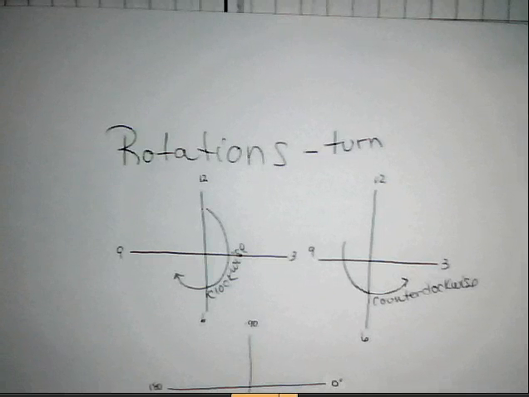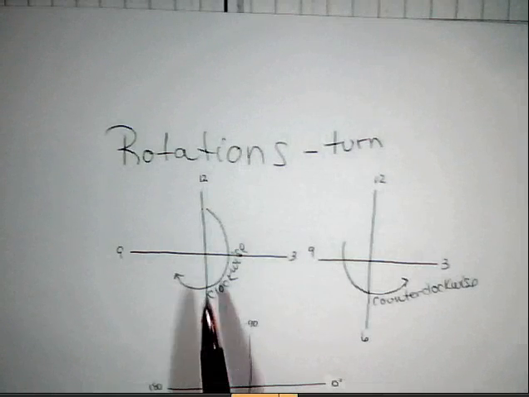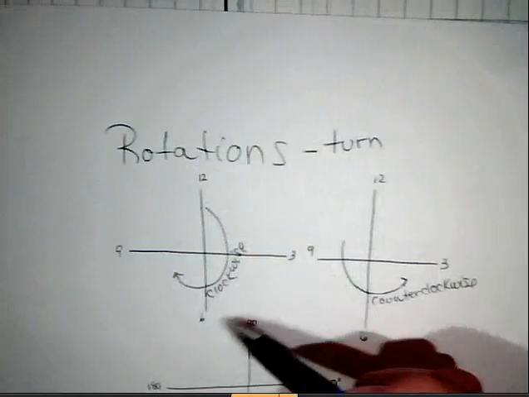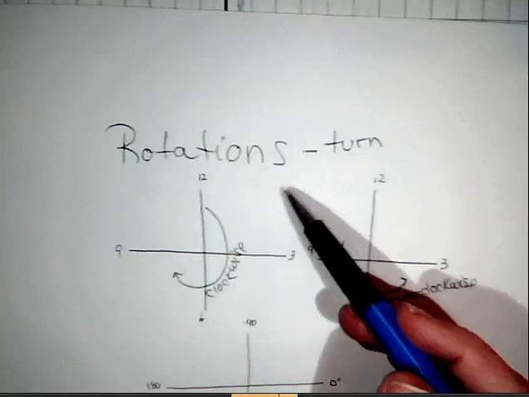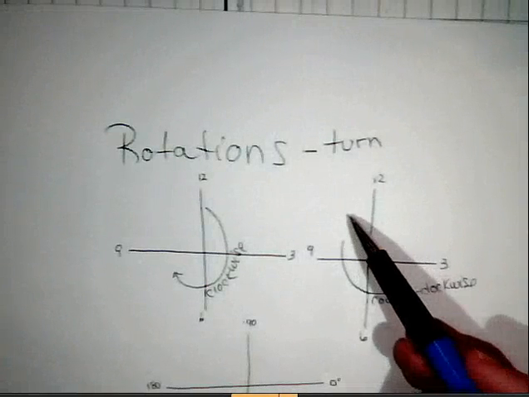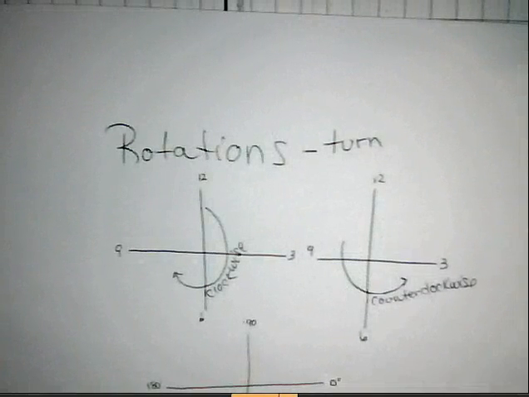So the first thing that we need to keep in mind is clockwise, just like 12 o'clock, 3 o'clock, 6 o'clock, 9 o'clock, clockwise goes with a clock. Counterclockwise goes against a clock.